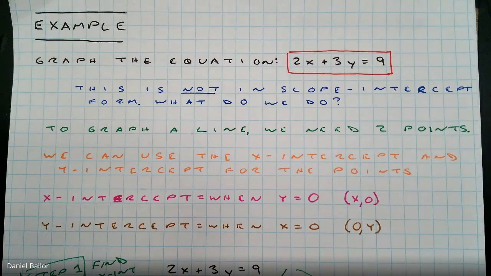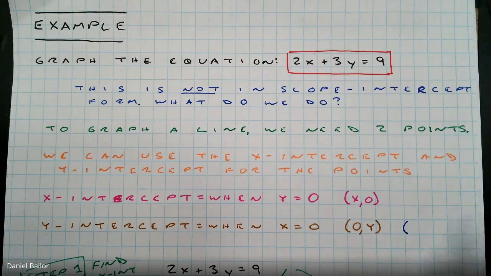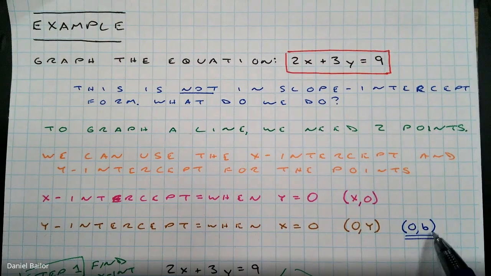In fact, you remember this when we talk about the y-intercept in lesson 18, because this looks similar. When we talk about the y-intercept in slope-intercept form, we said it was (0, b). So that is familiar because the y-intercept is b. You remember that from lessons 15, 16, 17, and 18.